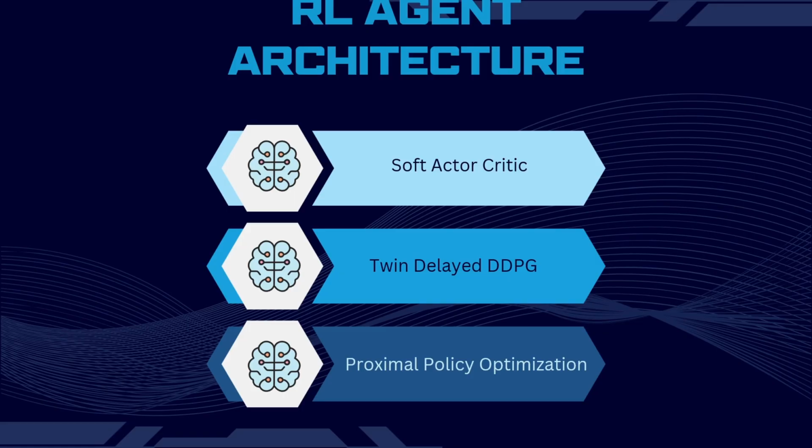Every time it runs an episode, the results and the actions, the choices, are stored in a buffer. So in the next episode, it will already know what to do and what not to do. This kind of idea is built into an off policy RL algorithm like soft actor critic.